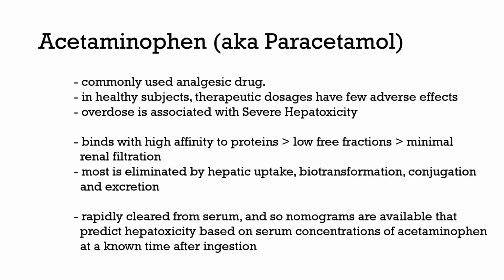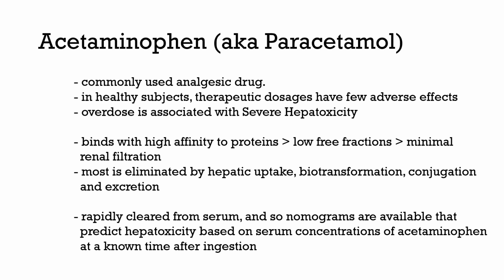Okay, acetaminophen, also known as your paracetamol, is a commonly used analgesic drug. In healthy subjects, therapeutic dosages have few adverse effects. Overdose is associated with severe hepatotoxicity, okay? Meaning it is very toxic to the liver.